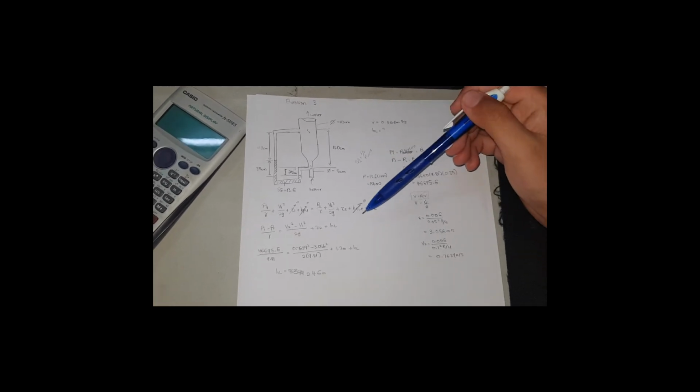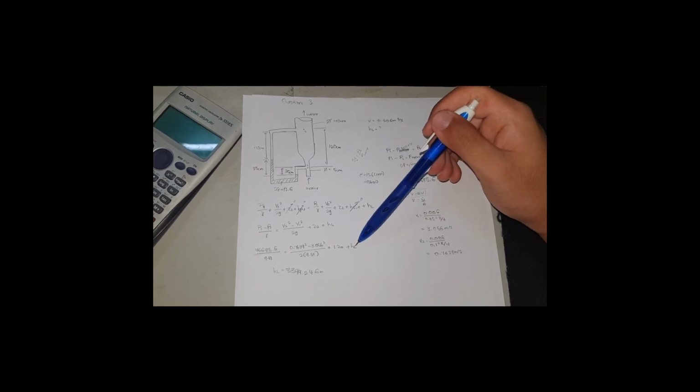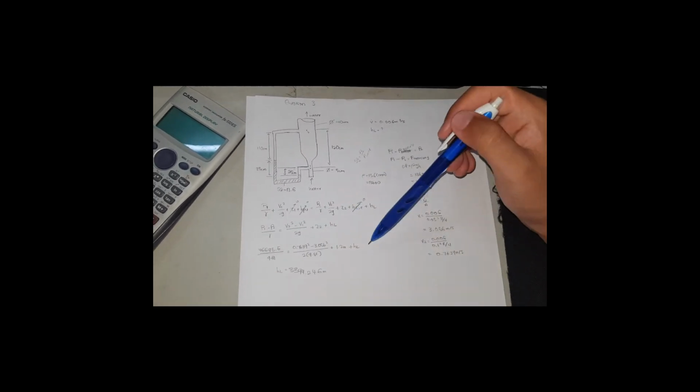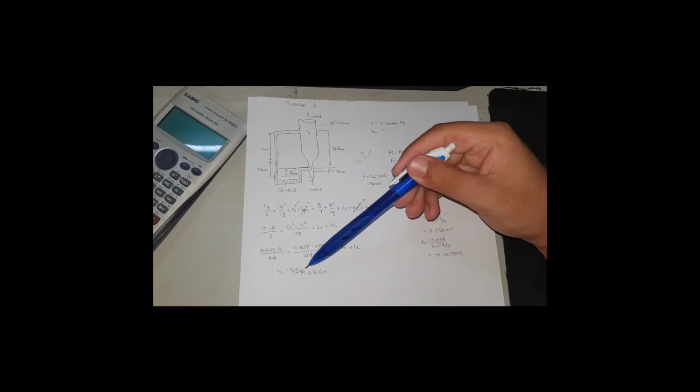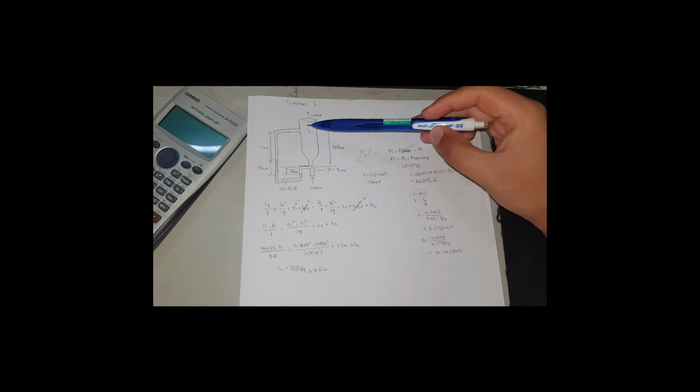Where we get the 1.2 meter is from here to here. And the head loss is the one we want to find. By putting all the values inside the calculator, we get 339.246 meter for the head loss. Okay, that's all.